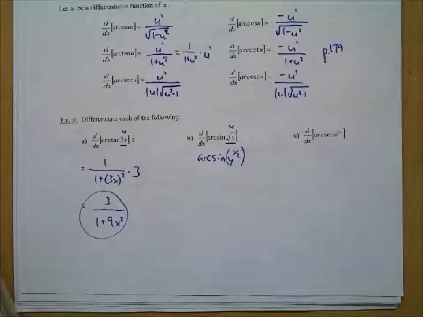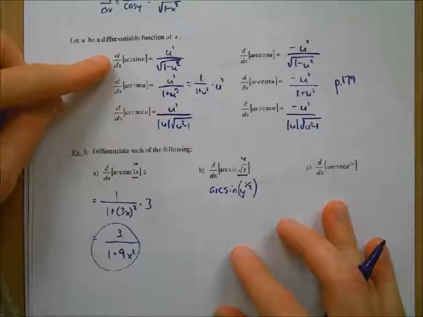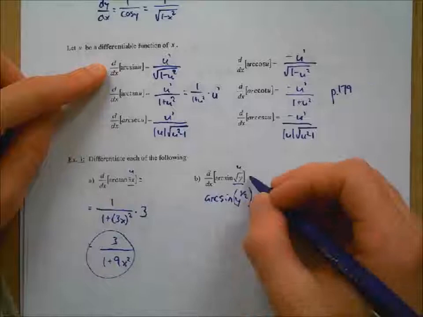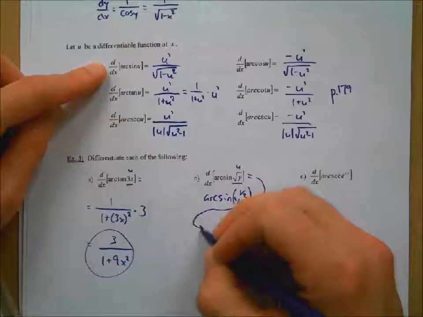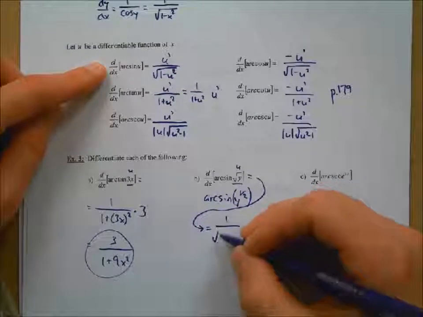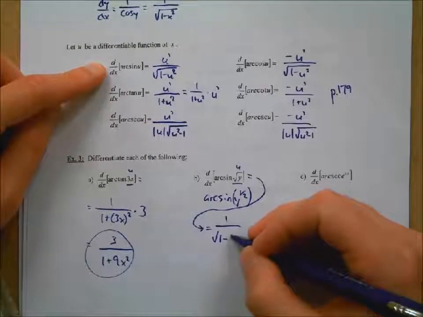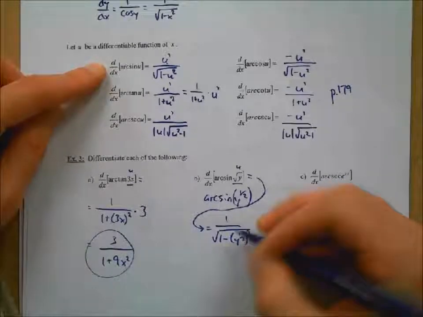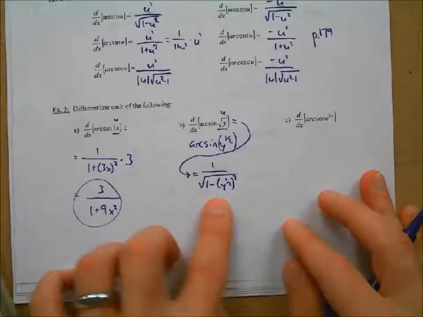Okay, so the arc sine, remember that was the one we proved. So it's going to be equal to 1 over the square root of 1 minus our u, so y to the 1/2 squared. Okay, so there's the arc sine part.